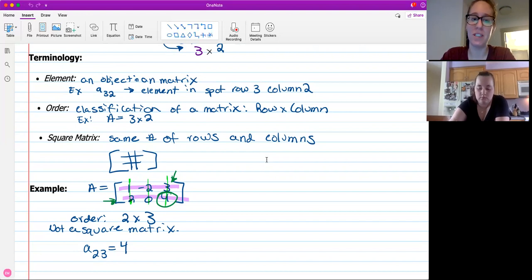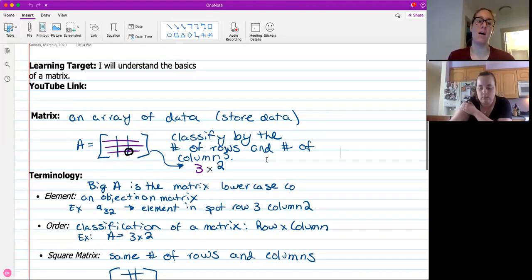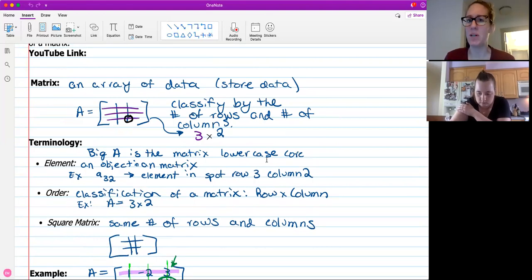And so when you see Miss Margaret write like lowercase a 2, 3, she's talking about matrix A because the lowercase letters represent the elements inside the matrix. So if this was matrix B, she would be using a lowercase b with the subscript of her row and column. So pretty simple. Matrices really aren't that tough.